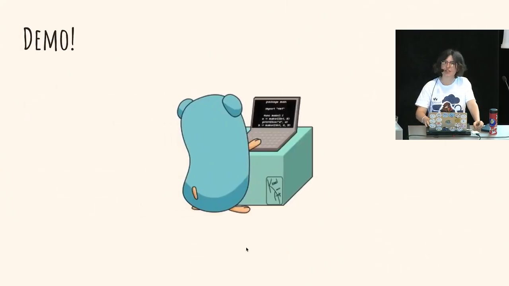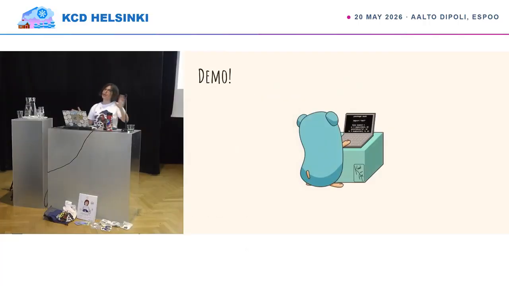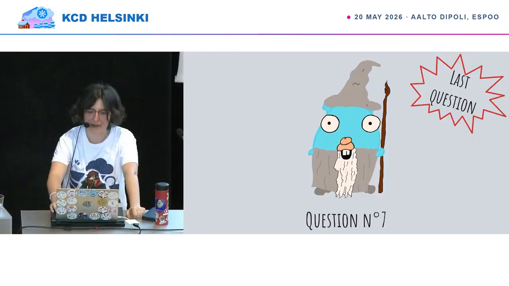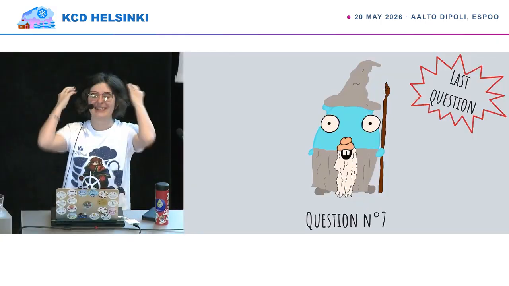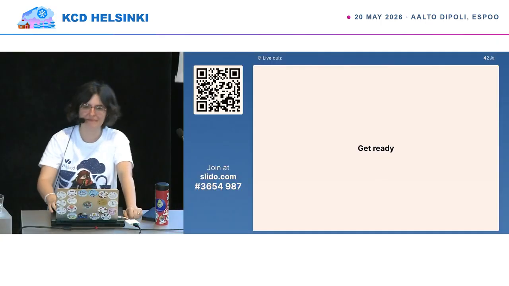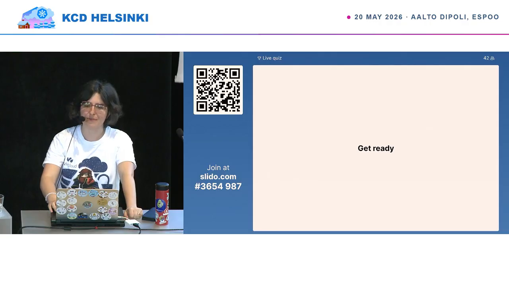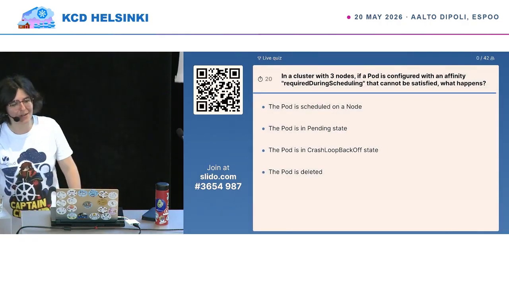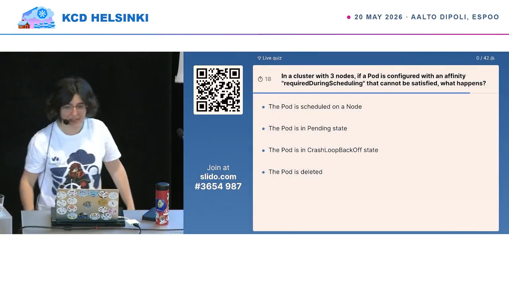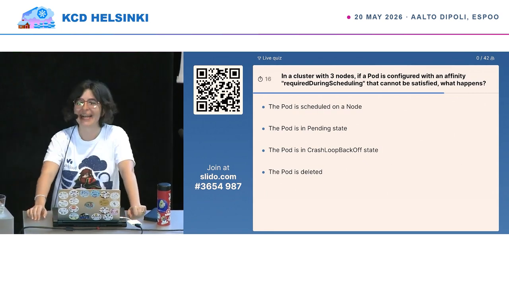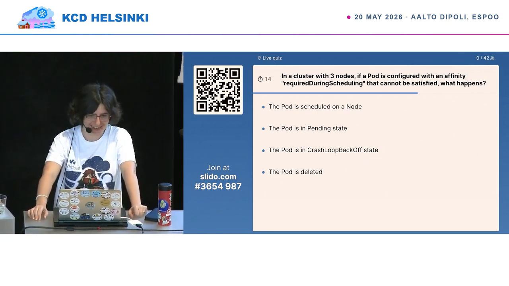And the last question. Take your phone and be quick and be accurate. Yeah. Go. Okay. Question number 7. Last question. 3, 2, 1. In a cluster with 3 nodes, if a pod is configured with a required node affinity during scheduling that cannot be satisfied, what happens?